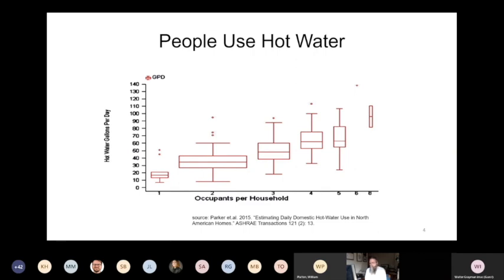And with two people, it's about twice that. It's not quite linear. It actually levels off as you get more and more people in the household. And then at the tail end, there are so few households that have been measured that the distributions are not real normal out there. Next slide.